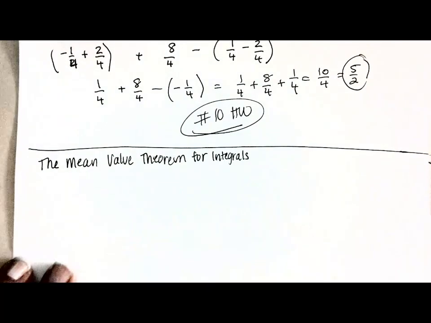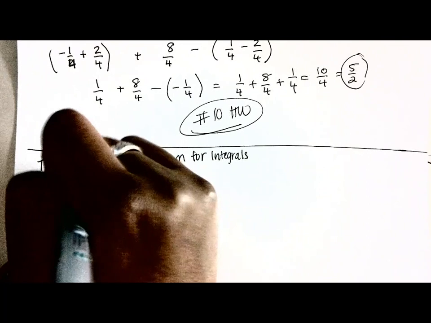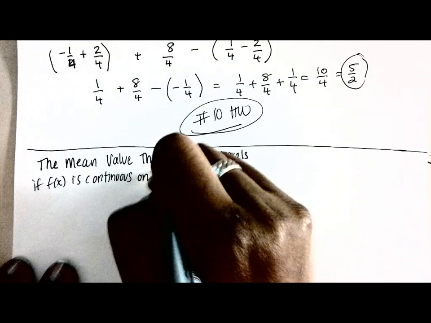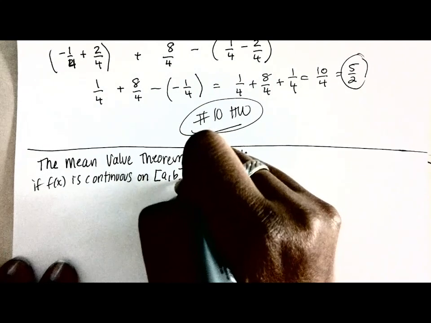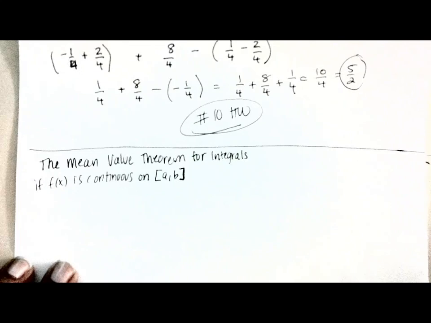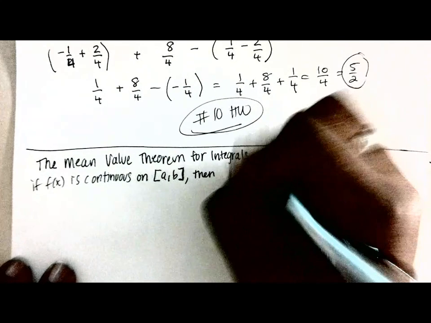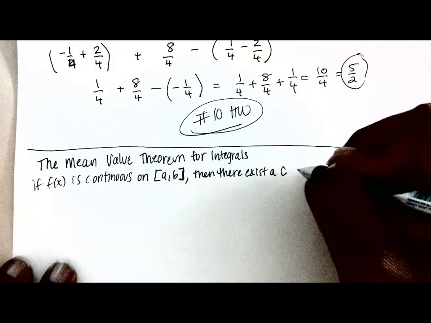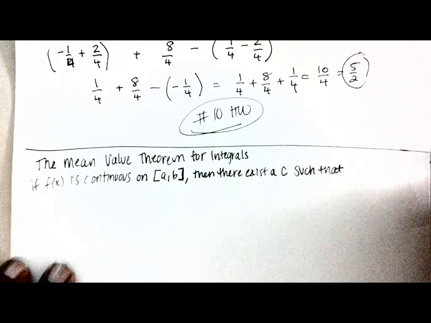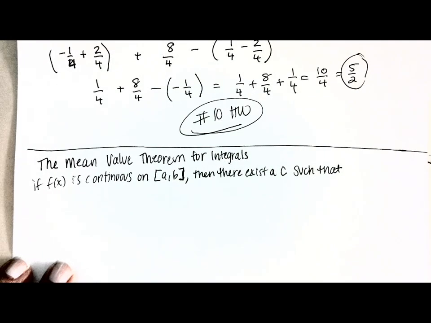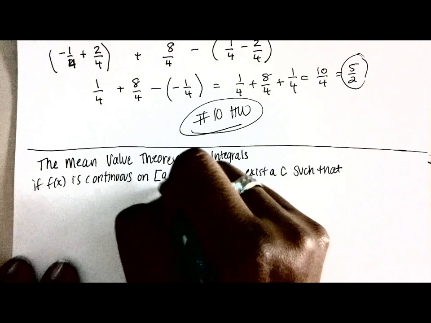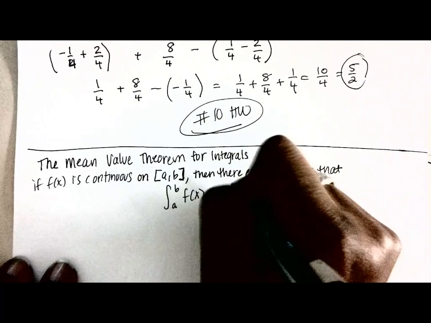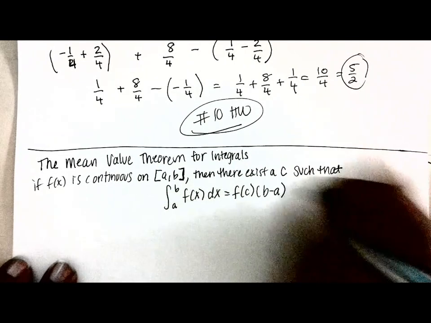So the mean value theorem for integrals says that if f of x is continuous on the closed interval a to b, then there exists a c such that the integral from a to b of f of x dx equals f of c times b minus a.